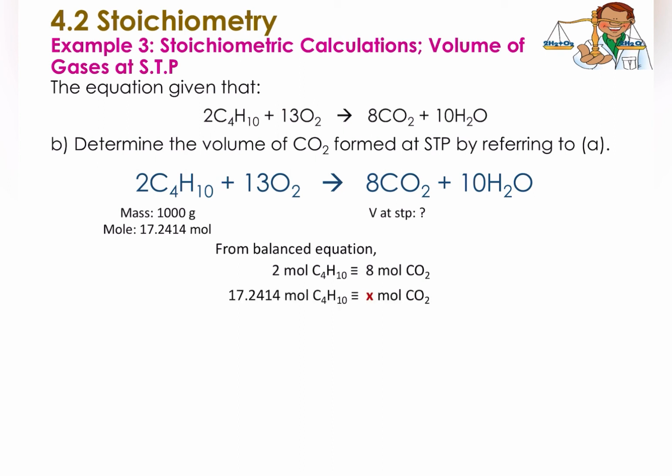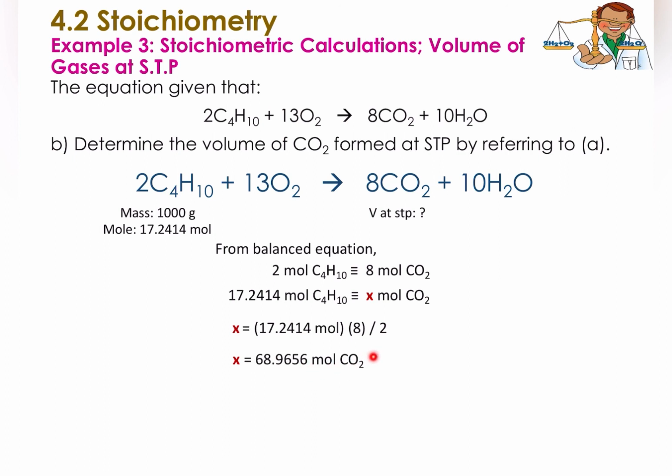And then from what we calculated from A, 17.2414 mole of butane, and this is what we have to find out here. And rearrange, you will have your X value is 68.9656 mole of CO2.